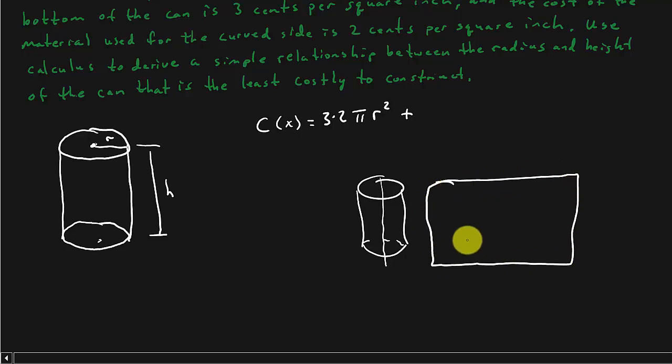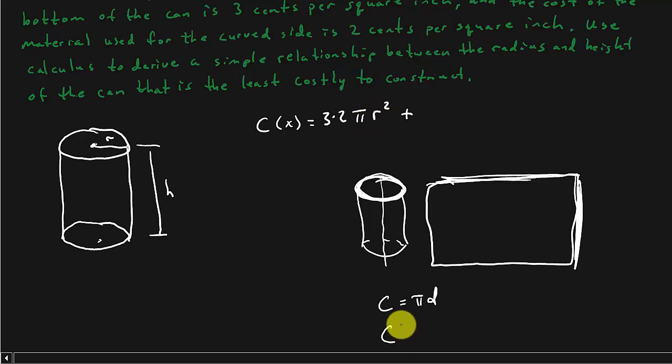So basically, I'm looking for the area of the rectangle. This distance right here represents the height. This distance here is the circumference around the circle. Well, what's the circumference of a circle? Remember, the circumference of a circle is pi times the diameter. But notice here, the area of the top and bottom, we have it in terms of r.